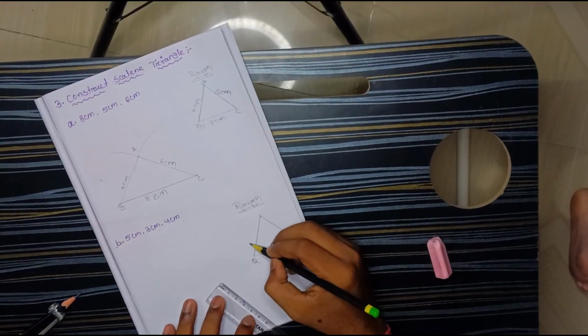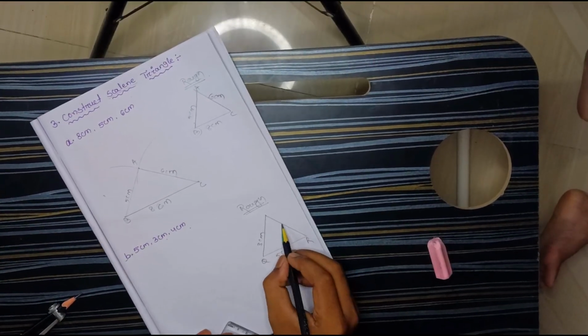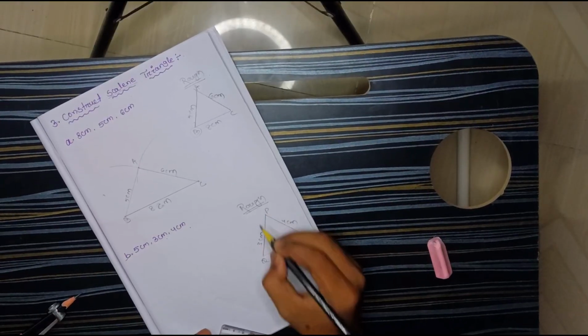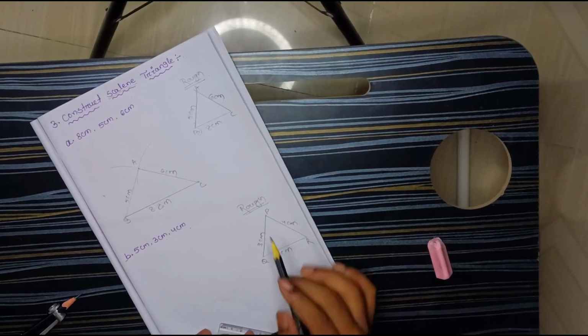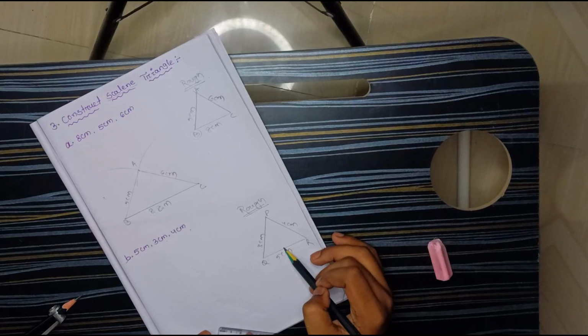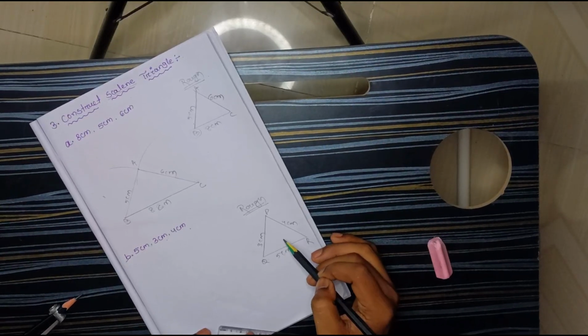So I will take this one 3 centimeter and this one 4 centimeter, and this point's name is P. PQR is your triangle, it should be a scalene triangle.